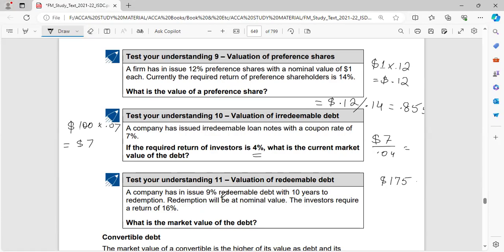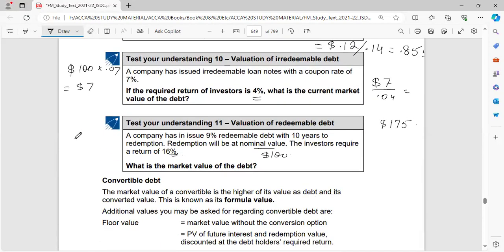A company has an issue of 9% redeemable debt with 10 years to redemption. Redemption will be at a nominal value, which is $100. Investors' required rate of return is 16%. It means first calculate interest per year, which is 100 into 9%, which is $9.